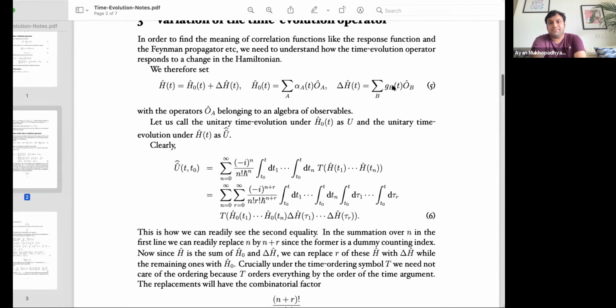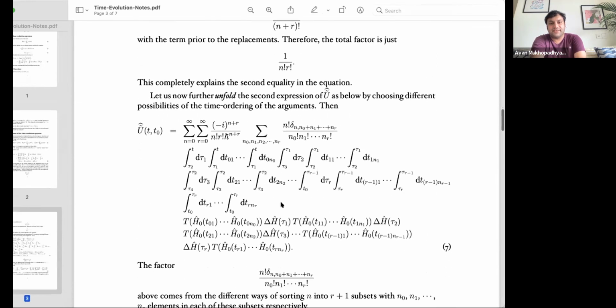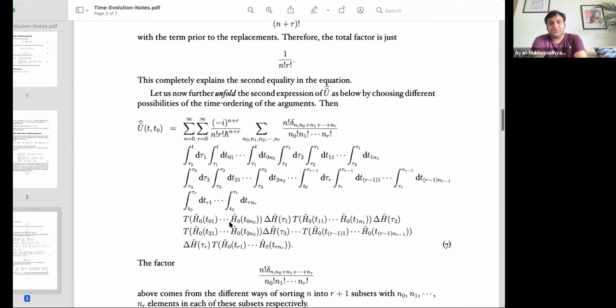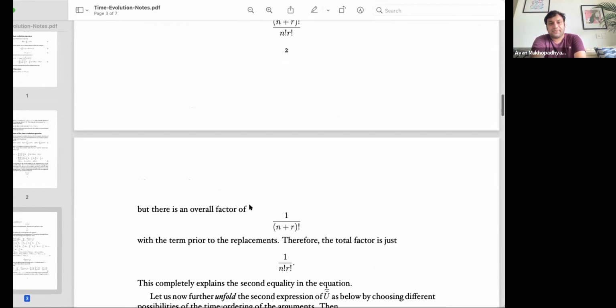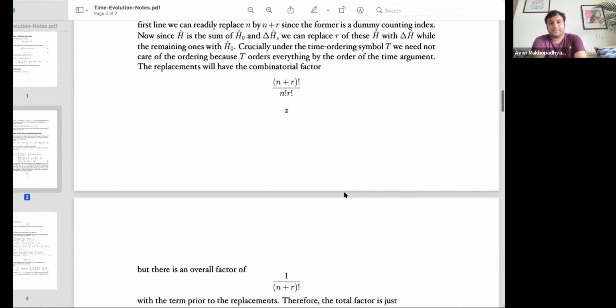Delta H is simply g(t) times O hat p, and these are in the Schrodinger picture, so they are some fixed objects. But now what I can do is I can split n into r plus 1 parts: n0 of them occur before tau 1, and so on in this way.